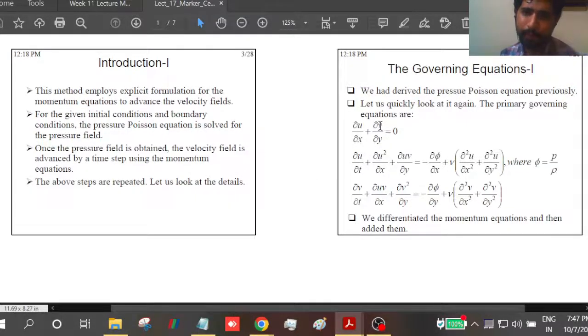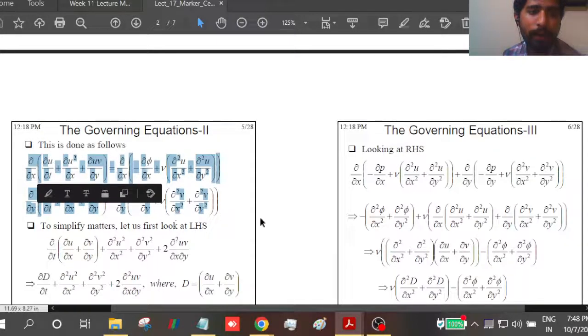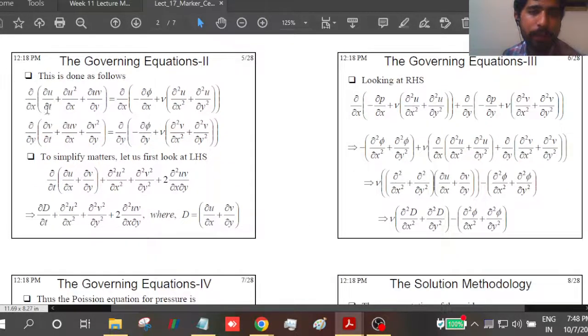First of all, you write down the governing equations in terms of this conservative format. Then you take the x gradient of the x momentum equation and the y gradient of the y momentum equation, and then just add them together. But here you don't go on to express them in terms of vorticity and stream function. We keep the pressure as it is.